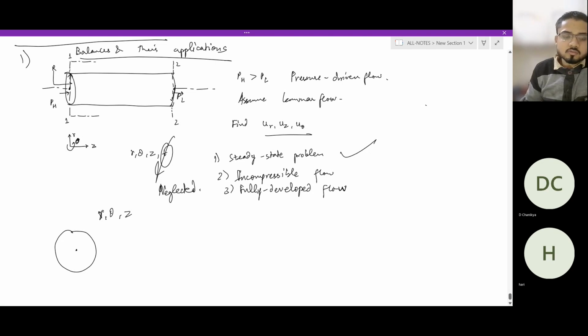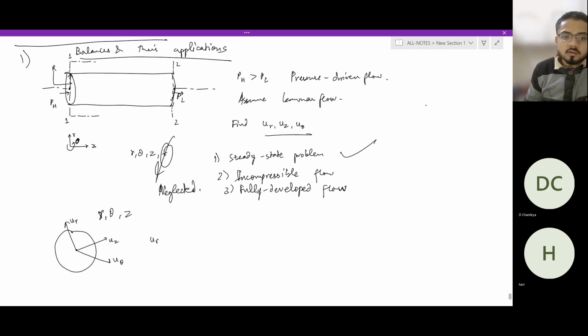So just assume that for a moment, this is your cross section, the circular cross section. Now, at this point, you'd be having some velocity uz, and you might also be having some velocity ur, and you might be having some velocity u theta.